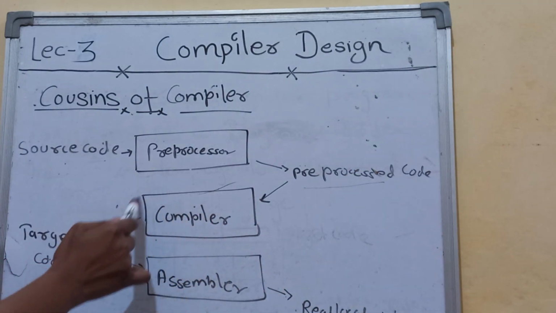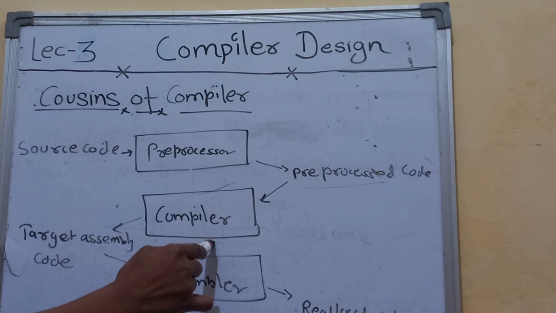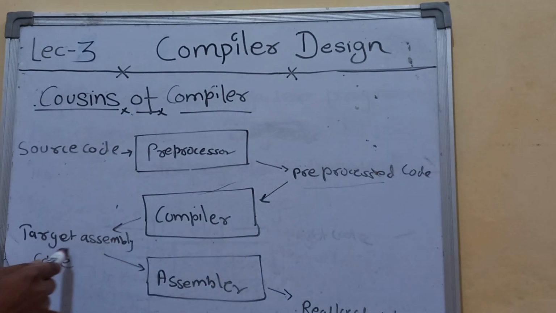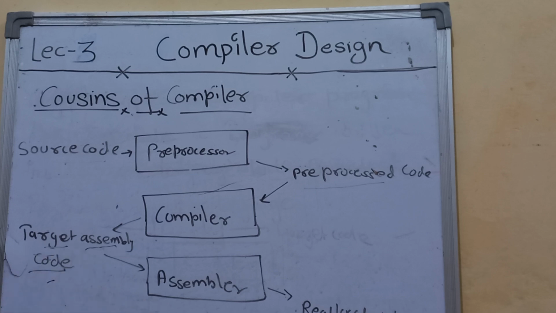The second cousin of compiler is compiler, which takes pre-processed code and converts it into target assembly code. The third cousin of compiler is assembler, which takes target assembly code and converts it into relocatable machine code.